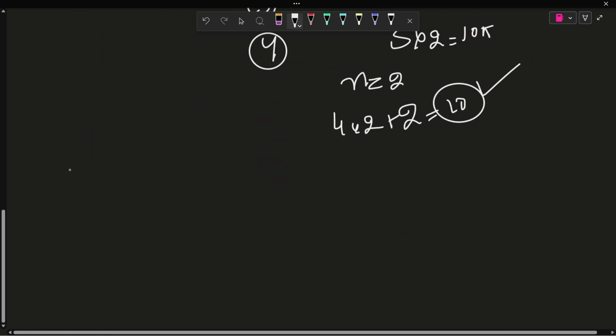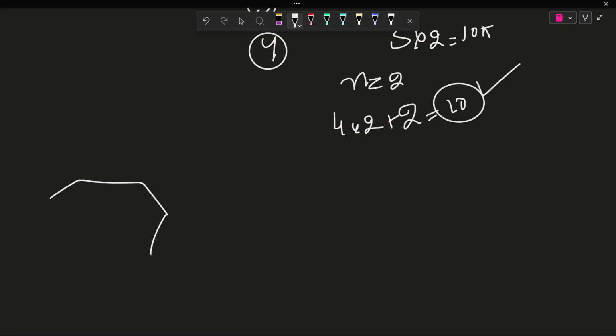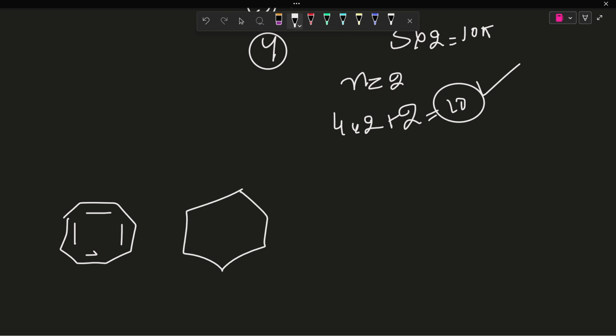Also, you must be remembering this molecule. When the discovery of benzene was taking place, when the stability of benzene was being worked out, this molecule was found to be showing resonance in the same way benzene was showing.